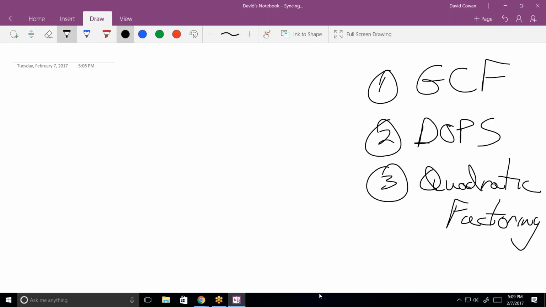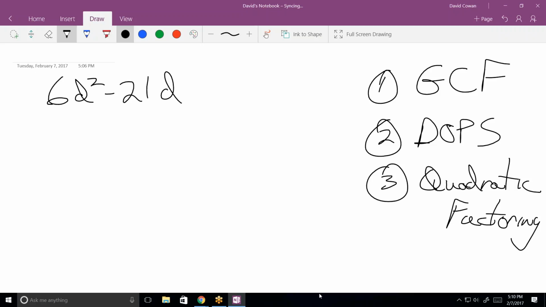What's the next problem you got? 6d squared minus 21d. What should you do here? Does 6 go into 21 evenly? No, it does not. So whatever greatest common factor you come up with has to divide evenly into both of these terms.